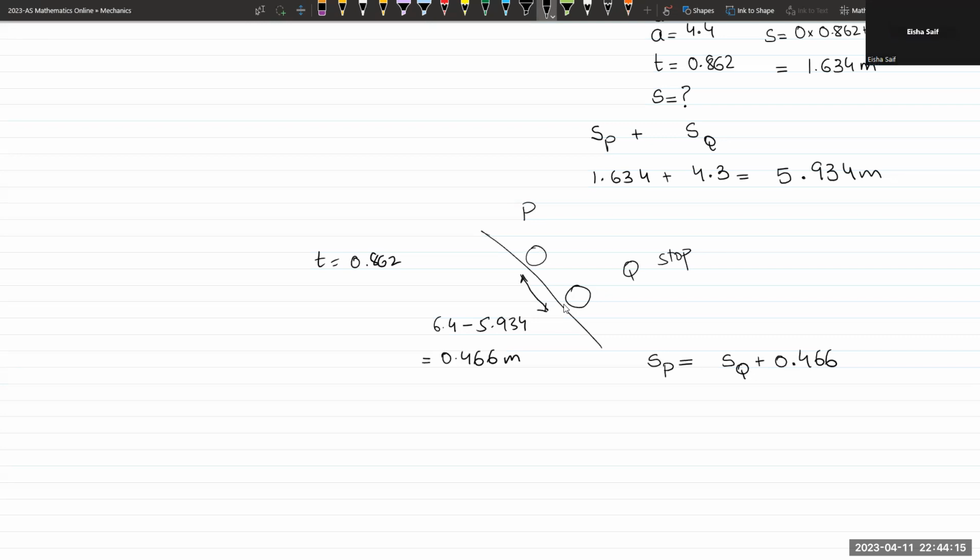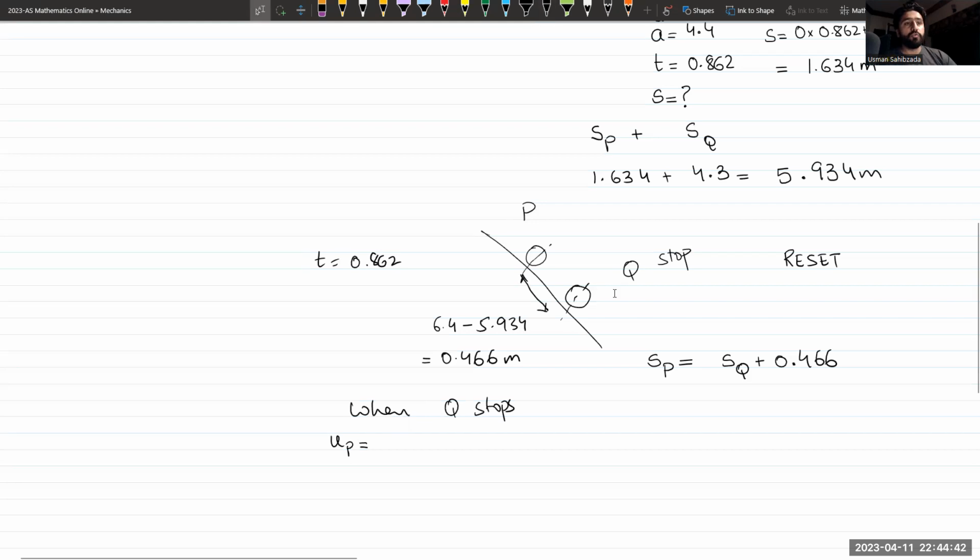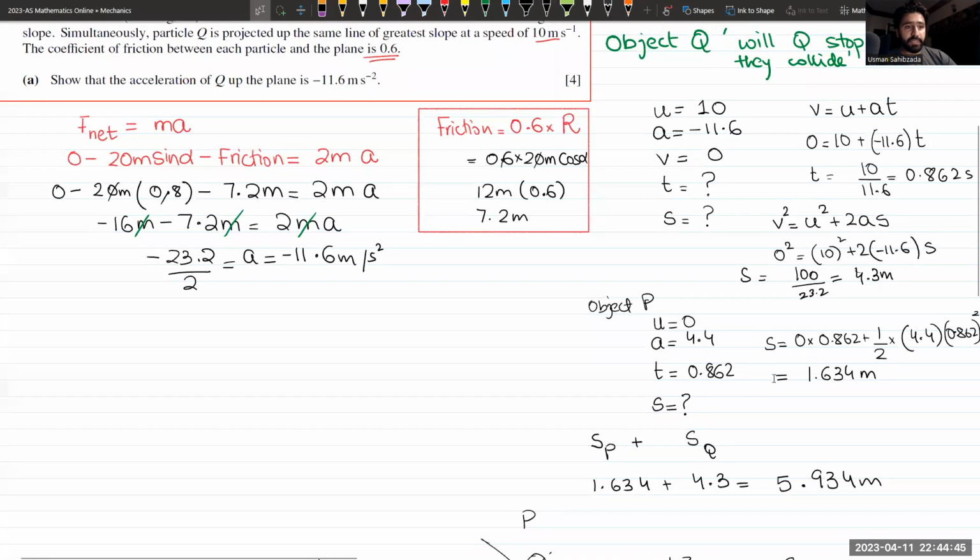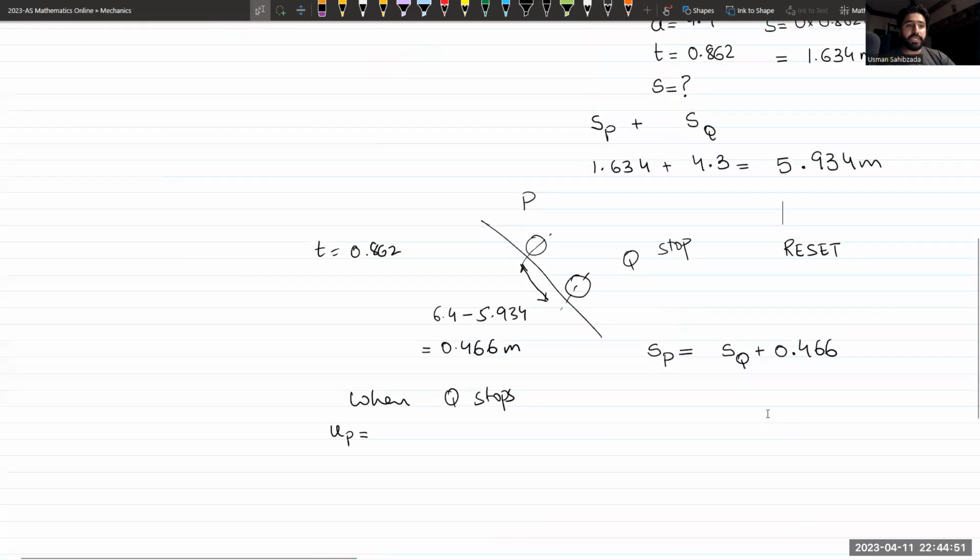Yes, sir. Done. Okay, now because we had put a reset, we needed to know the speed at the instant. Q's initial speed is at the instant when Q stops. Initial velocity for P, which is coming from top to bottom, at what speed is P coming? We have not found that out. We need that, because we need it for the displacement equation.